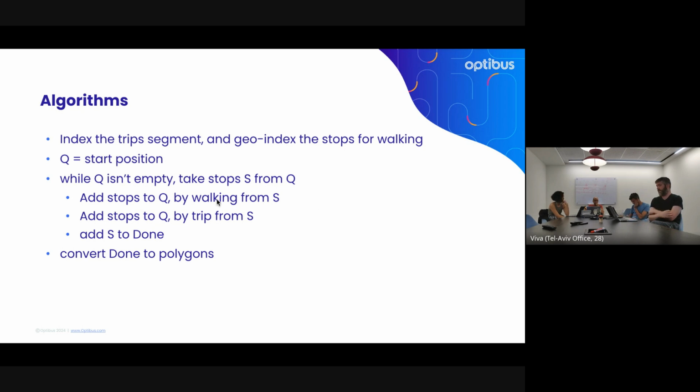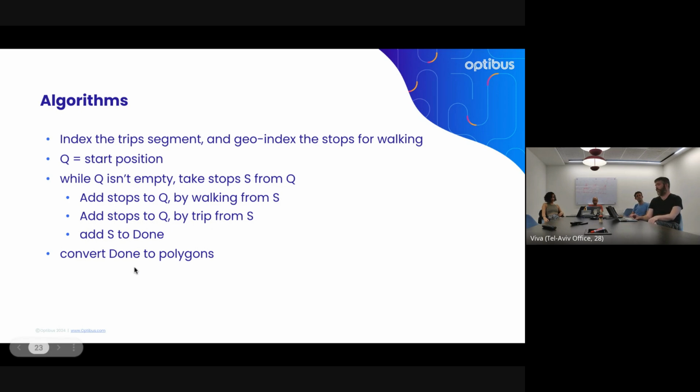But if it had something like 10 minutes, I don't use it, because I have another path to go to that stop. So I add it only if it's a smaller time. I first expand from S by walking. After this, I add stops by using a trip, and after this, I mark S as done. Now I continue until the queue is empty.